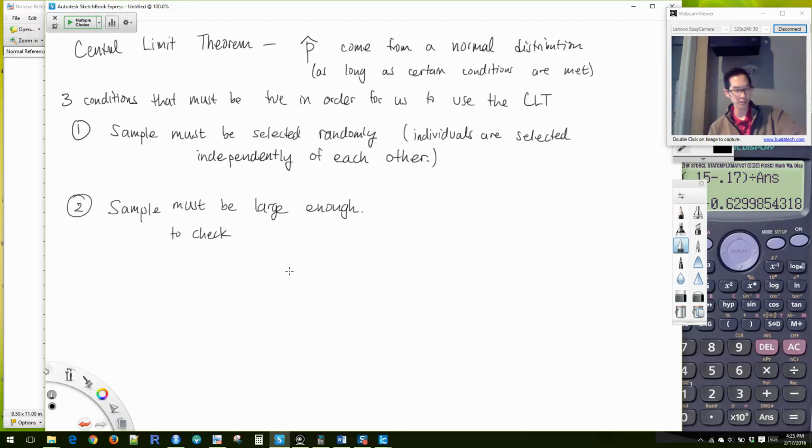Our textbook, I'm pretty sure, uses 10. So one way is that both n times p has to be greater than or equal to 10, and n times 1 minus p has to be greater than or equal to 10. Your sample size times the proportion must be at least 10.